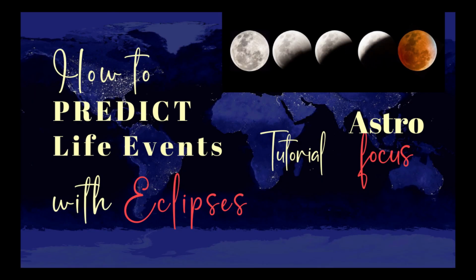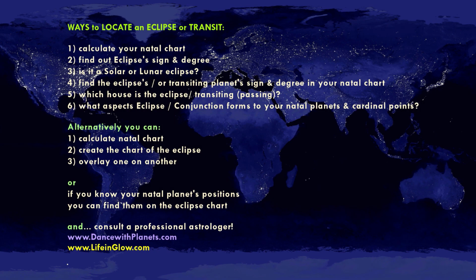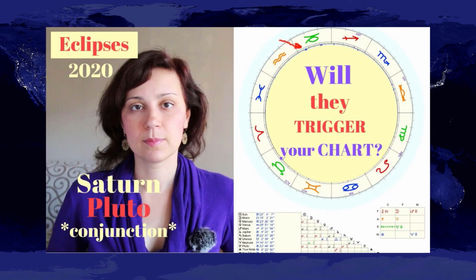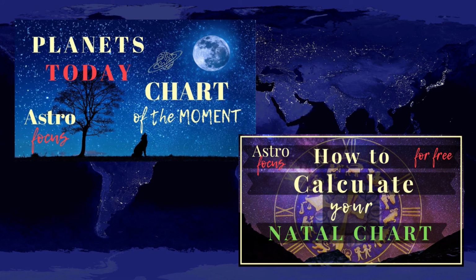I go quite in depth there in analyzing the influence of eclipses on the natal charts, and that helped me to predict results of the elections. And there's also another video which you can watch about eclipses 2020, where I also tell about Saturn-Pluto conjunction, and I show you there as well how to locate big transits in your chart.